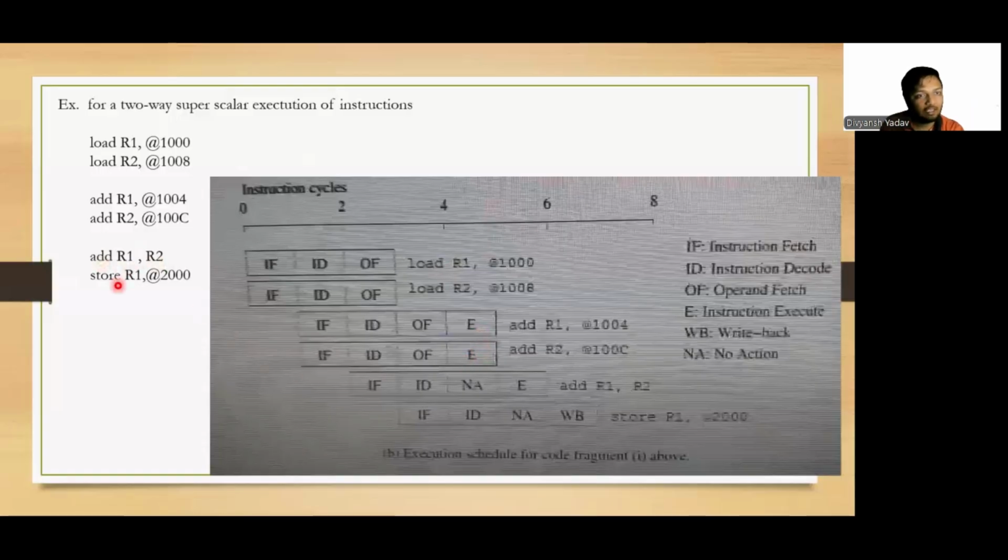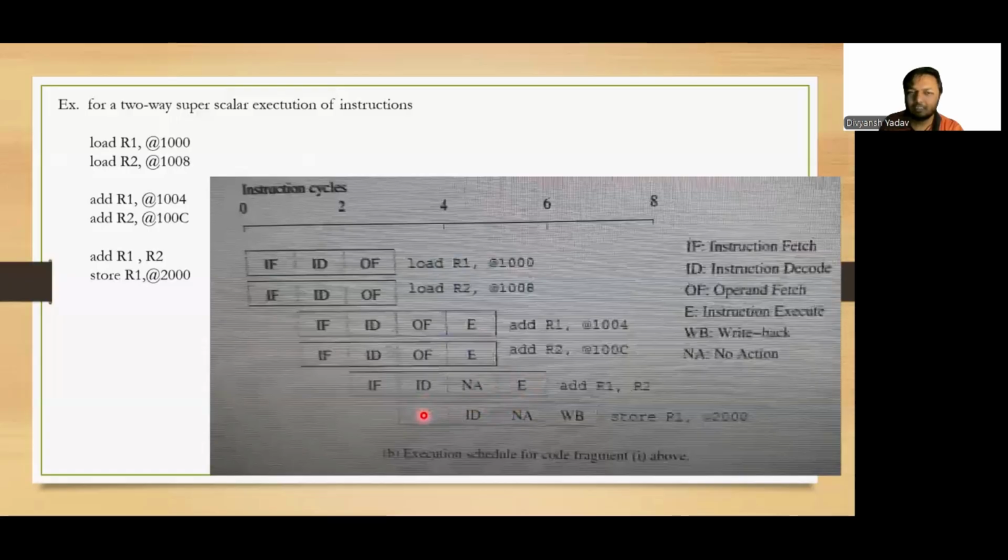But for this add and store, these two cannot be run in parallel, as store R1 requires the value of R1, which is being updated by add R1, comma R2. So we will start the add R1, comma R2 with instruction fetch on the second instruction cycle. Then we'll decode it and then we'll execute it.